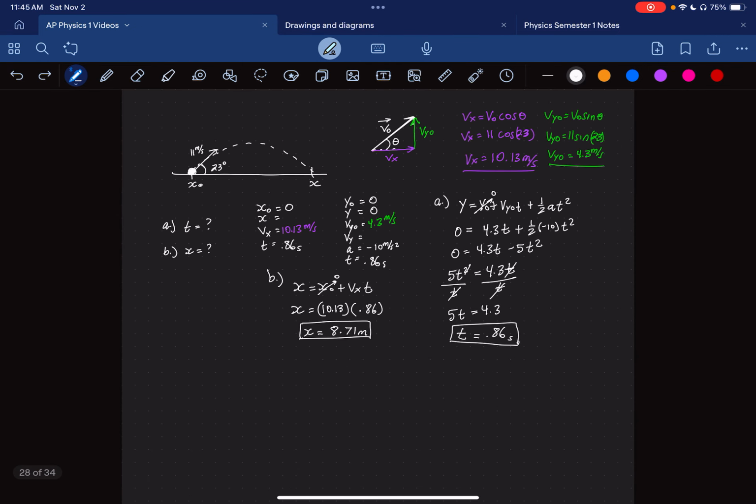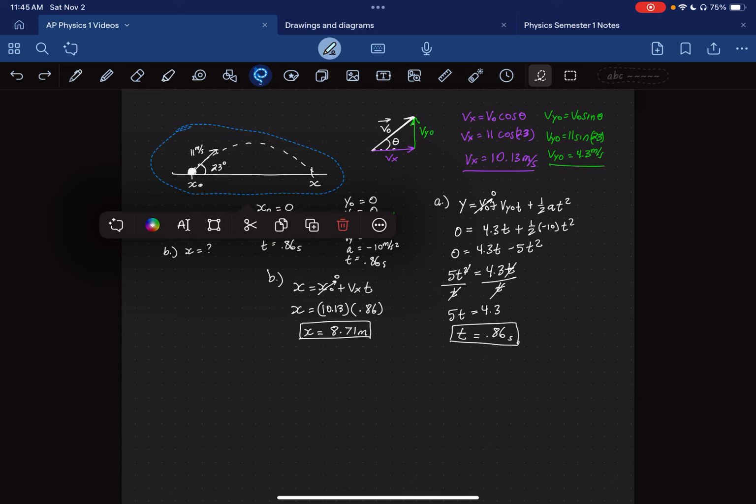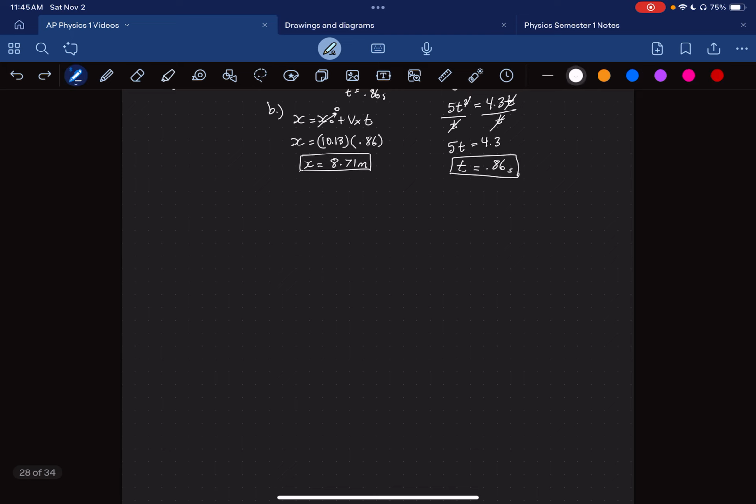Okay, so one thing I would just point out before we end this video, I'll just draw it again. Going back to this motion, where we have the ground, and we have some object that's launched at an angle, and it makes this trajectory through the air.